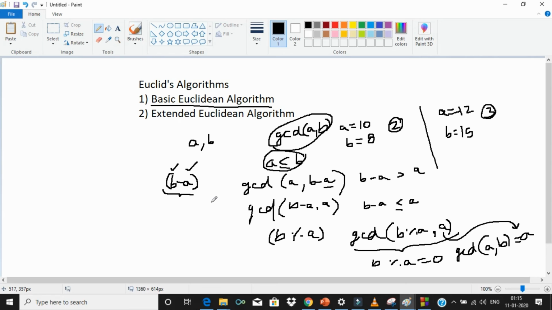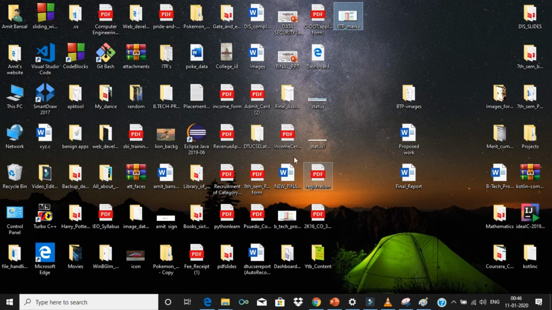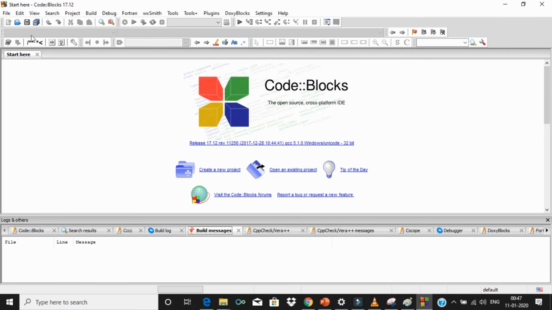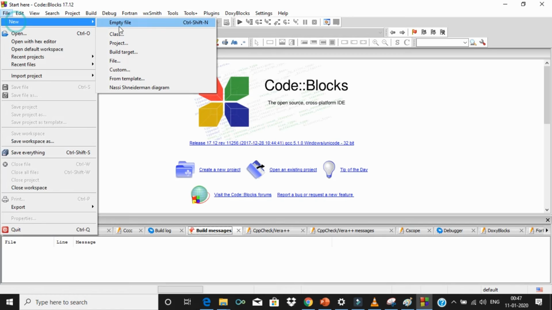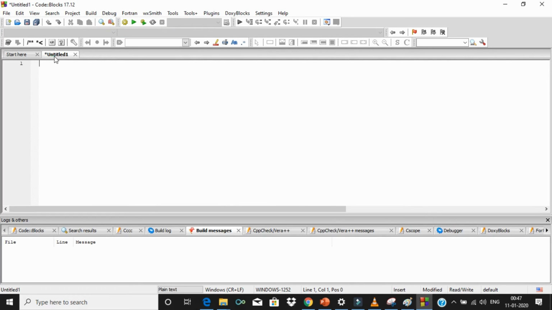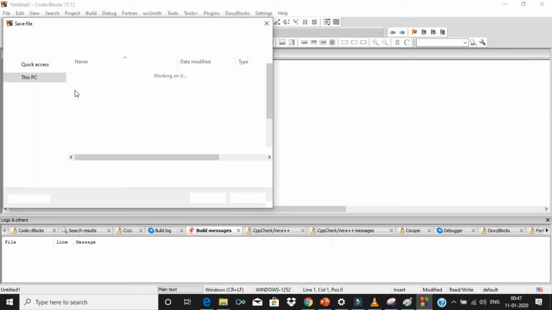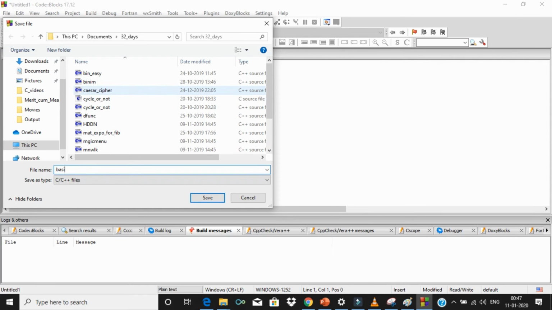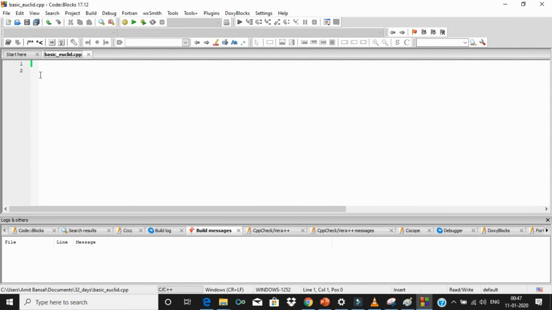Okay, let's move on to the coding part. Now making a file, namely basic Euclid.cpp file.